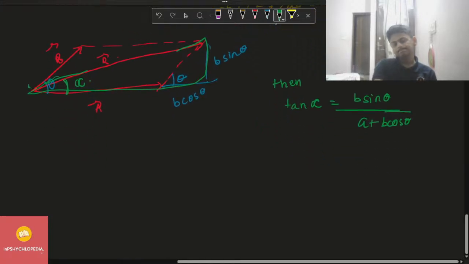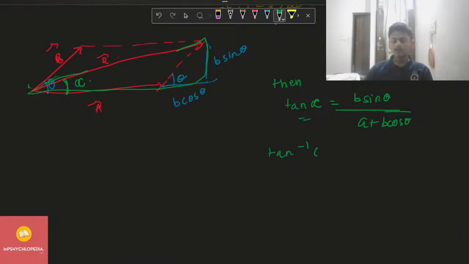But this is tan alpha, so alpha will be tan inverse of this thing. Oh, sorry, what am I doing, tan inverse of... I don't think I would have any viewer right now watching me, but if I would have, I would jump off.